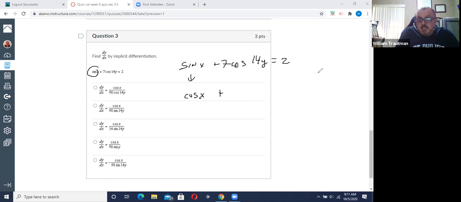By the way, if I say y equals 7 cosine of 14y, it's the same thing as saying y equals 7 cosine of u. The derivative of cosine of u is 7 sine u. By the way, you have to put a negative, right?